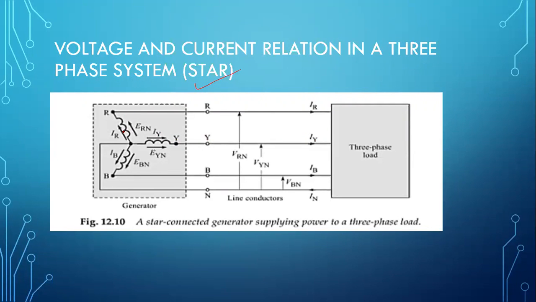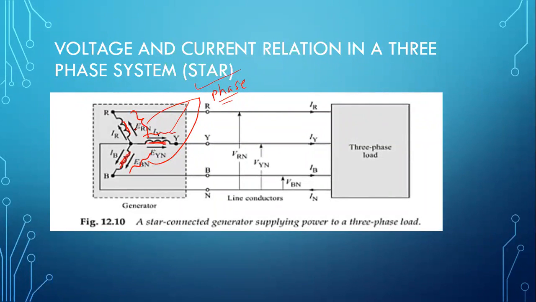Similar is the case of IR: the same IR passes through this line, which passes through this phase, and the same IB passes through this line, which passes through this phase. Whatever I have drawn here is nothing but your phase.